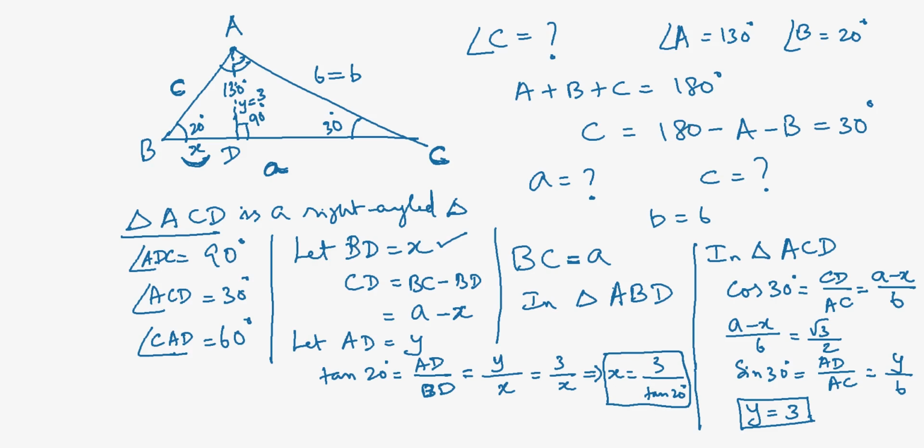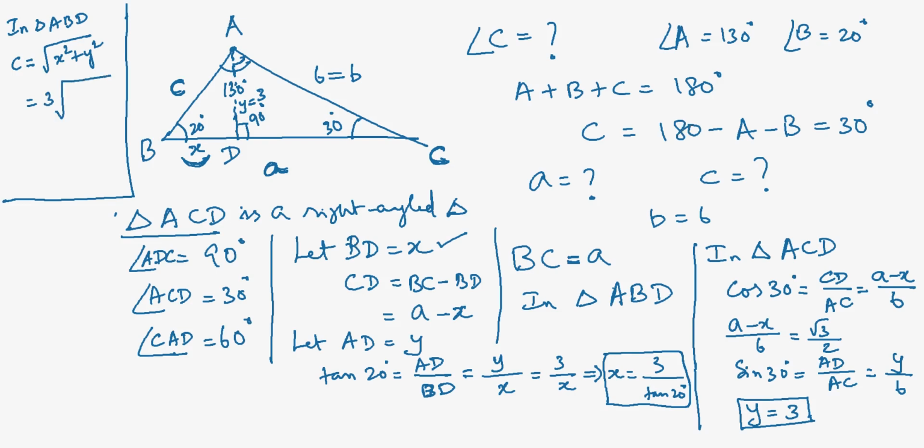If you know x and y, what else can be calculated? Look at the diagram. In triangle ABD, c is nothing but the square root of x squared plus y squared, right? So this is equal to the square root of, taking 3 squared out, 3 times the square root of 1 over tan squared 20 plus 1.